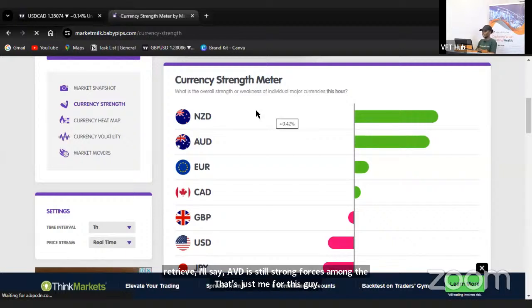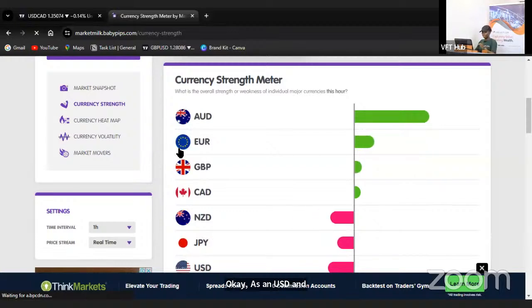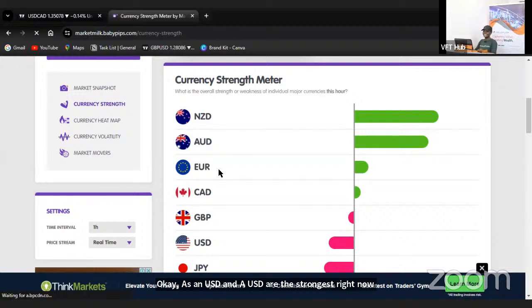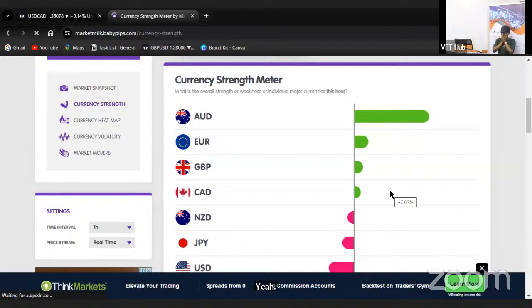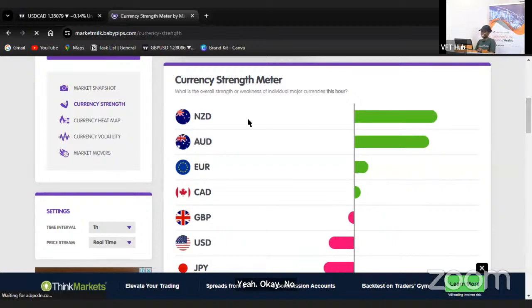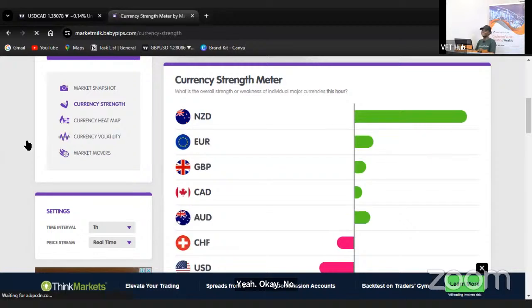Okay, so it's done loading. NZUSD and AUD are the strongest right now. I see what market milk is doing. So it keeps rotating between, okay, it's still loading. Let's wait.